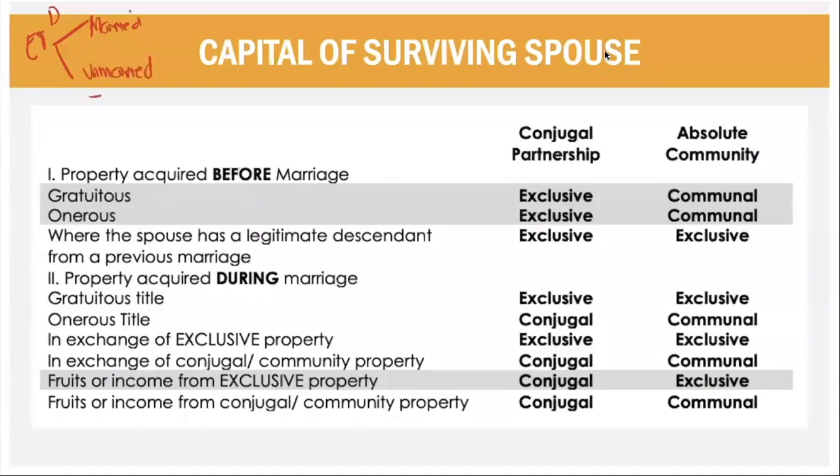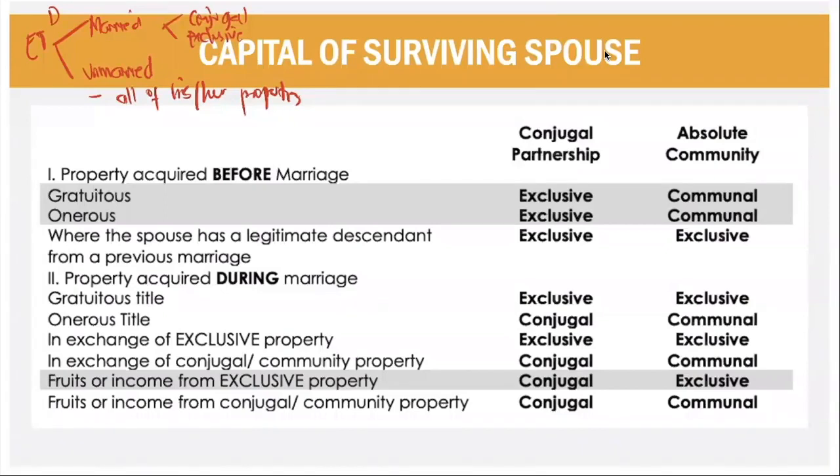If the decedent is unmarried, all of his or her properties should be included. But if the decedent is married, you need to determine what is conjugal property and what is exclusive property.